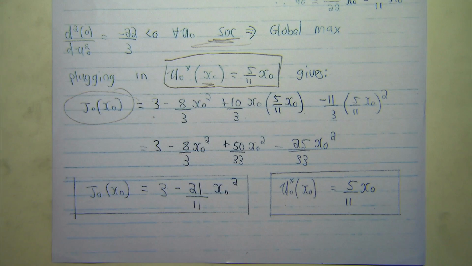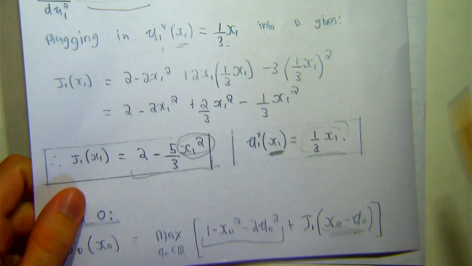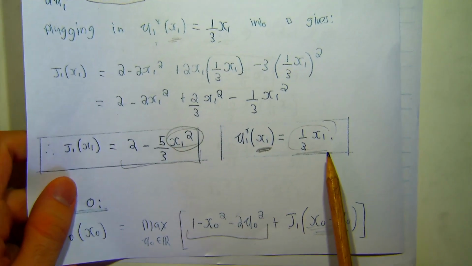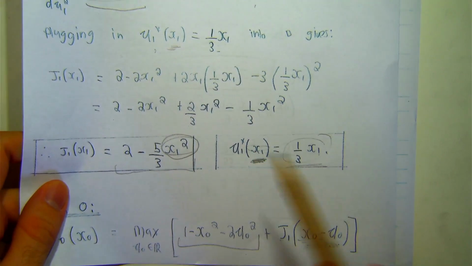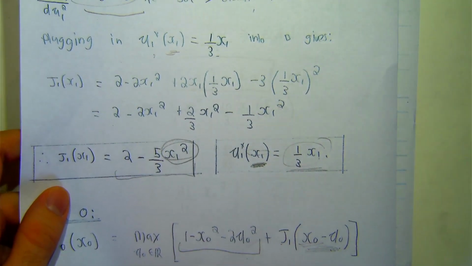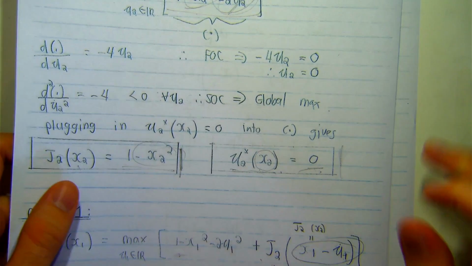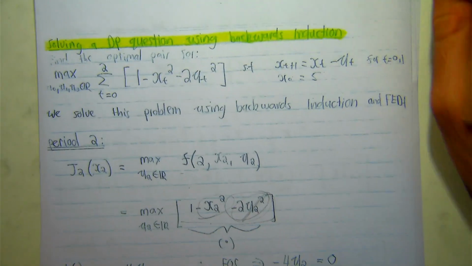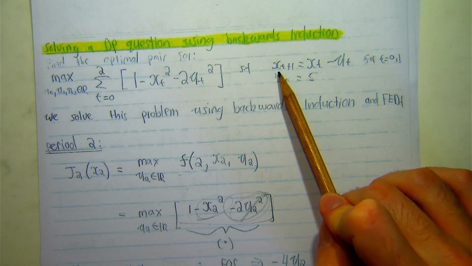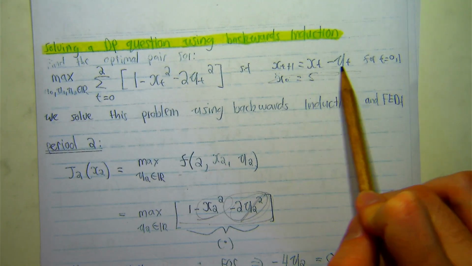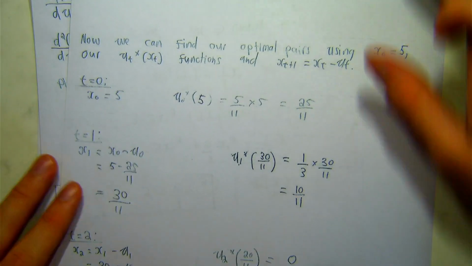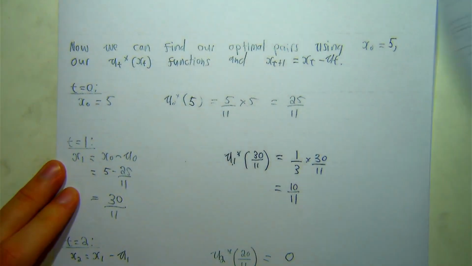And then we know from before, u1, that's our optimal decision based off how you started with x1. And then u2, that's our optimal decision based off how you started with x2. And then we also know that our state variable is going to change according to this rule here. So we can put that all together to wrap up our answer and find the optimal pair.